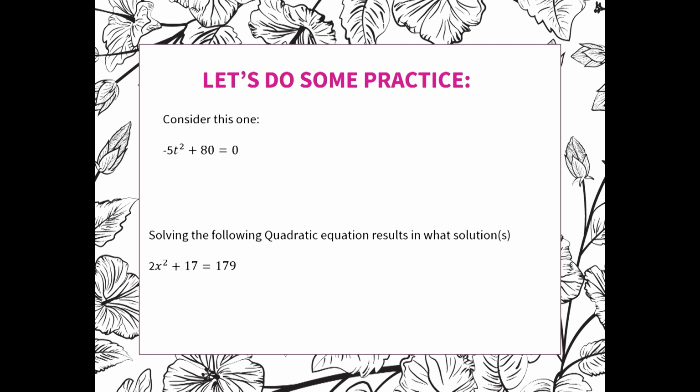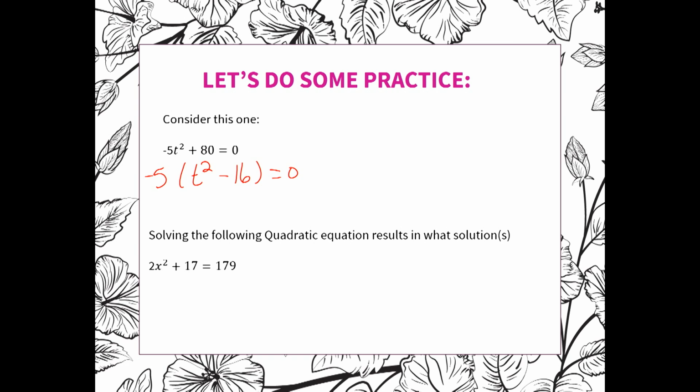What do you think? Yes. So I'm going to factor out a negative 5. Now when I factor out a negative, a negative times a negative would have given me a positive, so what am I left with? What is 80 divided by 5? 80 divided by 5 is what? 16.